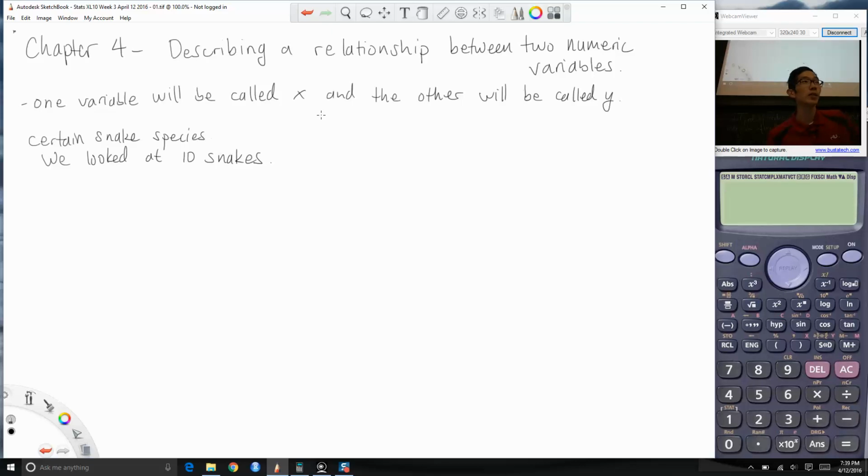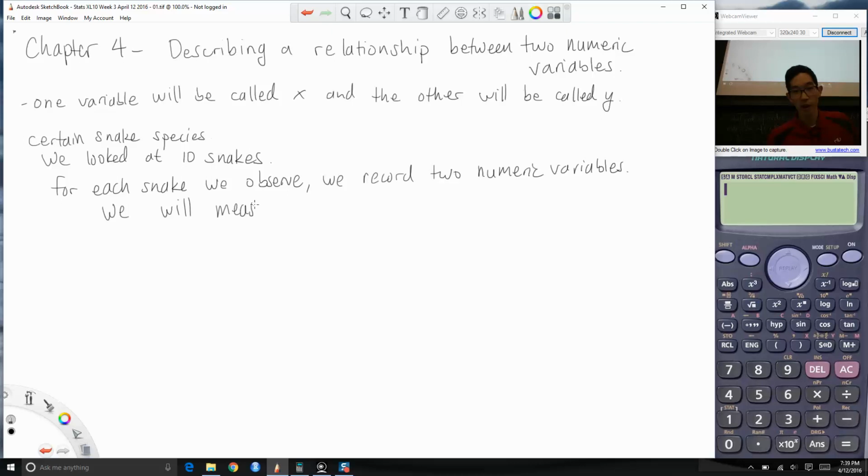For each snake, we are going to record two numeric variables. We will measure the length of the snake, and we will also measure the weight of the snake.